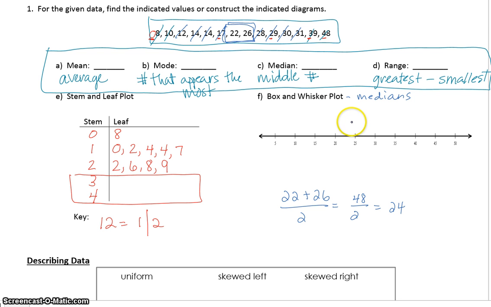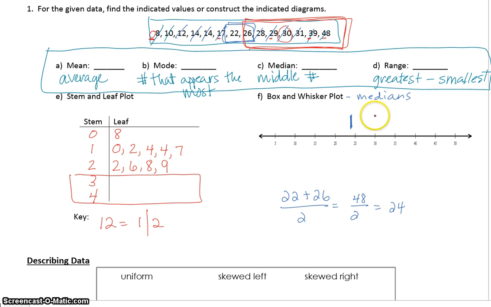So what I'm going to do is I'm going to draw a line where I think 24 would be. There's a segment there. Okay? And then what I need to do is find the median between the numbers that are remaining. So I've got this red box over here, and if I want to find the median of those numbers, I see that the median of those numbers is 30.